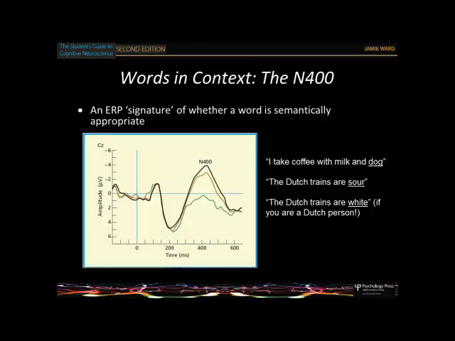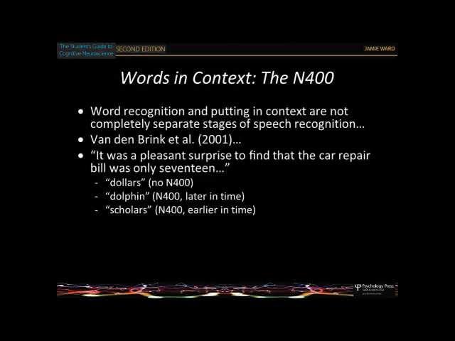Would this N400 shift around, or if a word was expected or not? What you might expect is that maybe the N400 has to wait until the word is recognised, or maybe it doesn't have to wait. And if it doesn't have to wait, it means that you're processing the meaning before you've even got the exact word out of there. I'll come back to that in a little bit more detail.